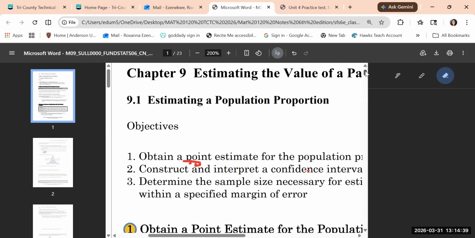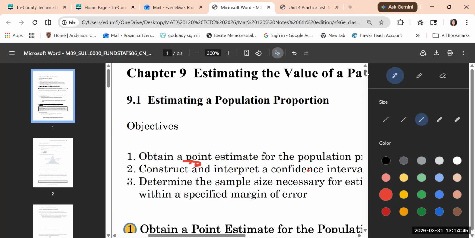For population proportion, the point estimate is p hat. The population proportion is p. What's the difference between p hat and p? You must know the difference. What is the difference between p and p hat?